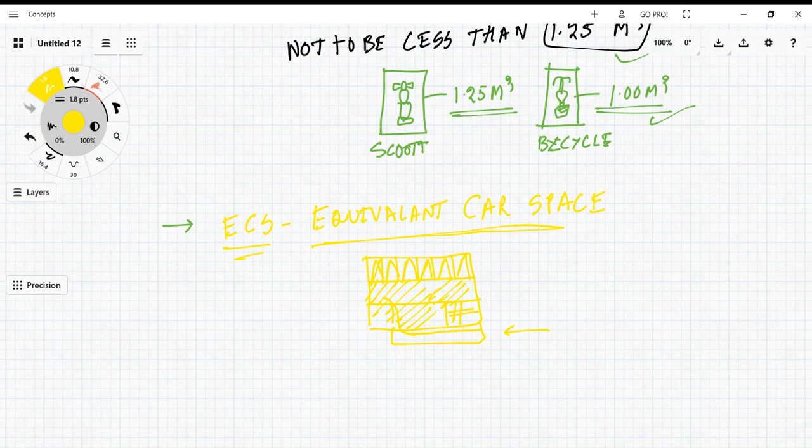Consider that 2.75 by 5 is required for common parking whenever we are providing common parking.